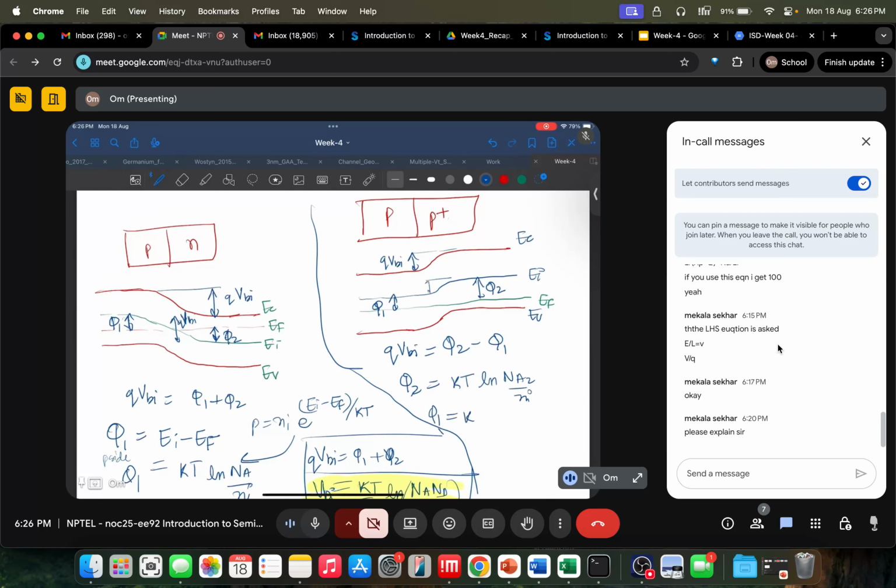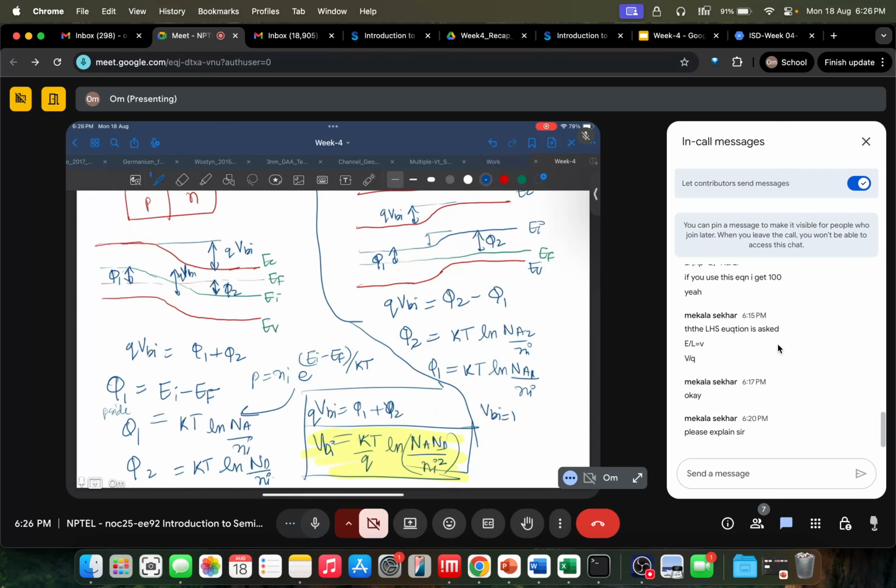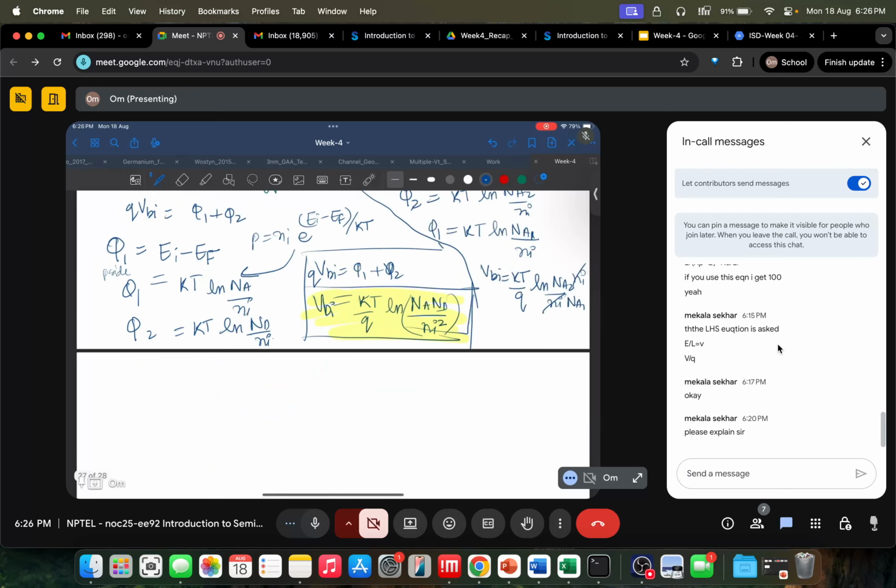Phi 1 will be KT ln Na1 by ni. Now VBI is KT by Q ln Na2 by ni upon Na1 by ni. ni and ni will cancel. So VBI will be KT by Q ln Na2 by Na1.